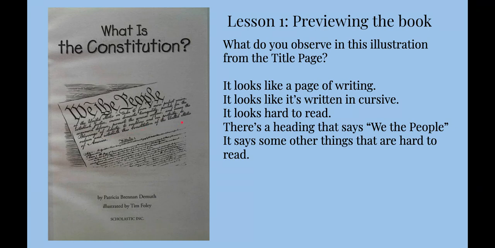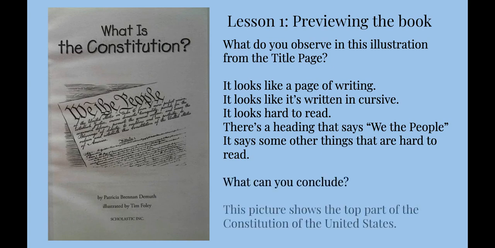Oh, well, I know that. That's the preamble of the United States Constitution, and I've seen that in some Schoolhouse Rock videos. So what can you conclude? Well, this is a picture showing the top part of the Constitution of the United States, or at least an illustration of that. All right.